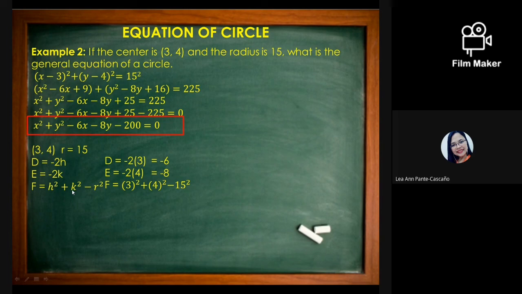Our k is 4, so 4 squared, minus our r, which is 15. So that is now 15 squared. Simplify: 3 squared is 9, 4 squared is 16, minus 15 squared is 225. So the answer is negative 200.